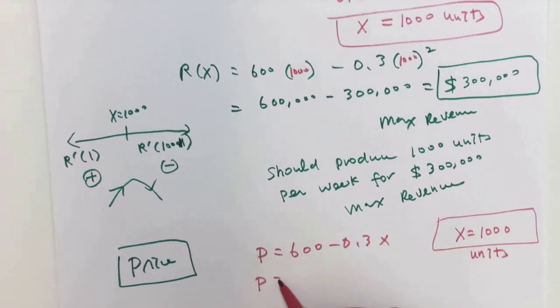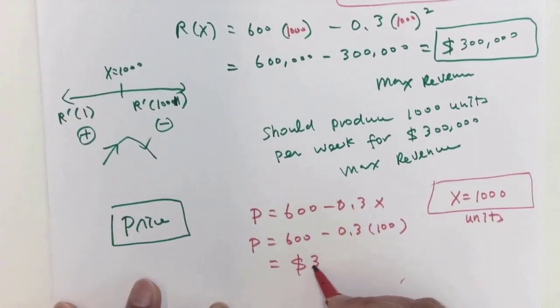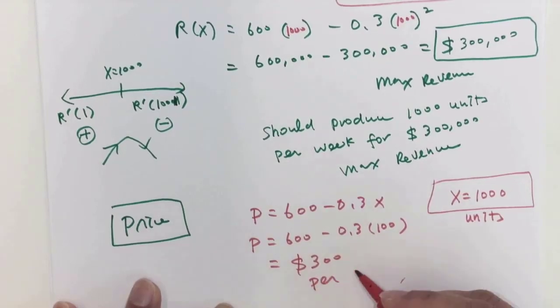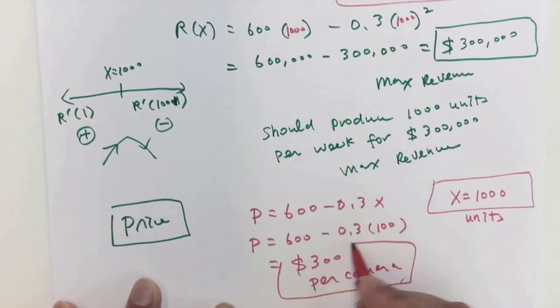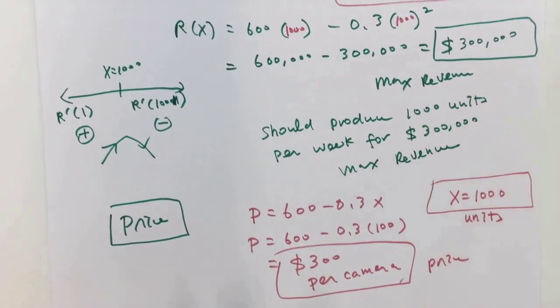Use the price equal to 600 minus 0.3 times 1,000, which is going to give me what? $300 per unit or camera, I think. That would be the price, okay? So if you accidentally plug in the other number, it's probably too big. It will not make sense, hopefully. So that's from the last section that we did on the last exam. We did part 2 for this one.